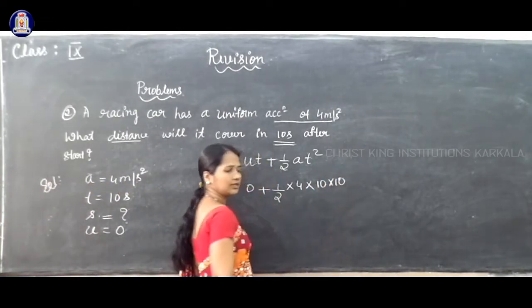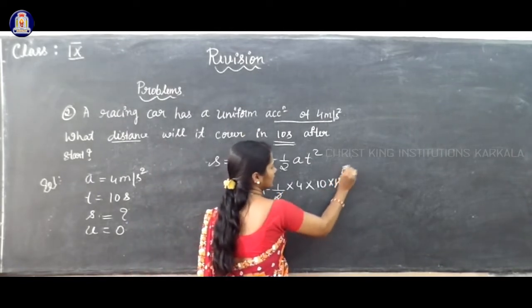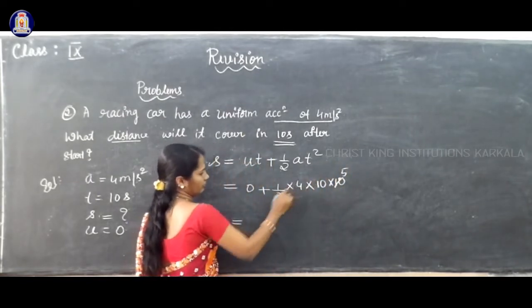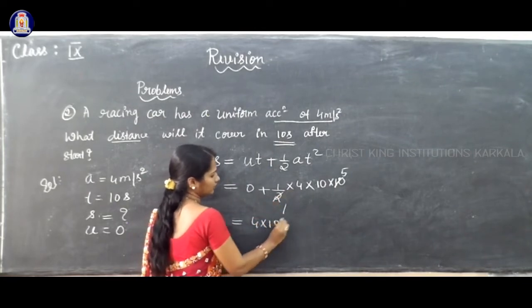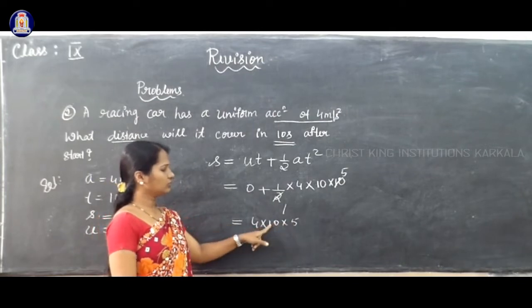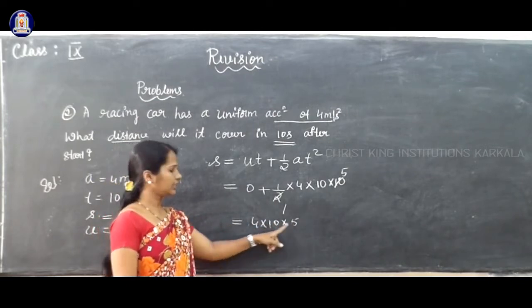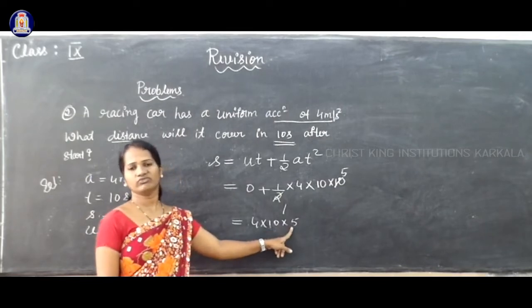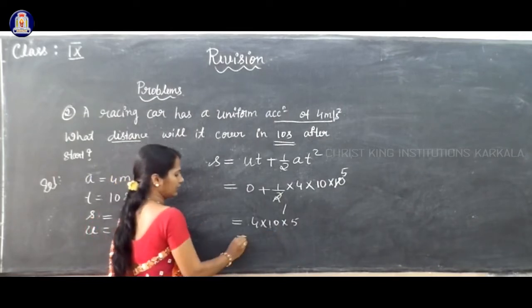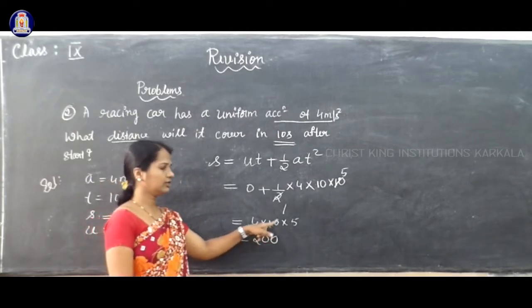Half of 10 is 5, so it is 4 into 10 into 5. 4 into 10 is 40, 40 into 5, 5 4s are 20 and a 0.